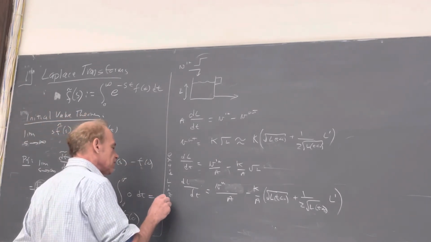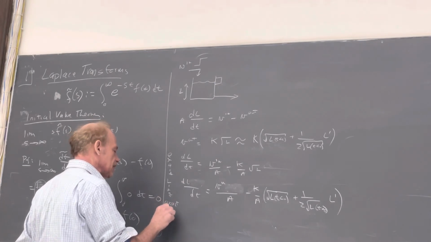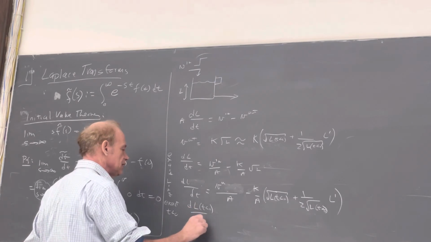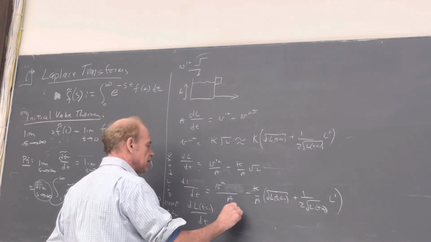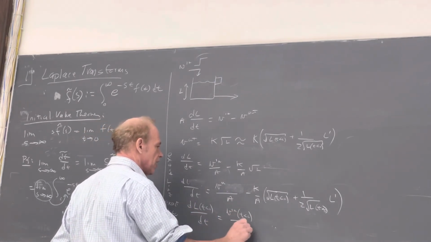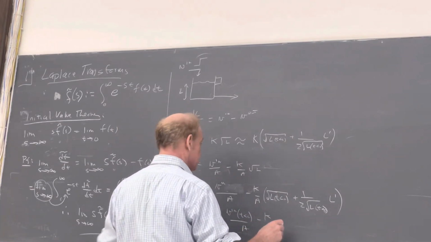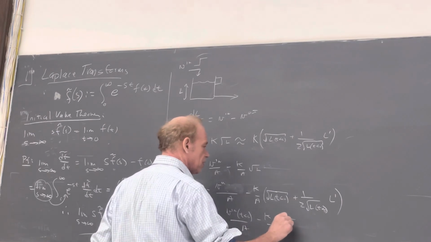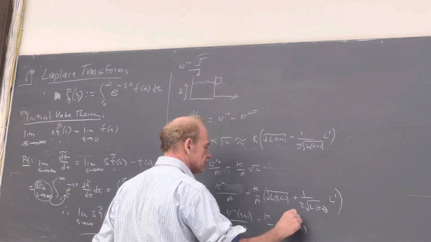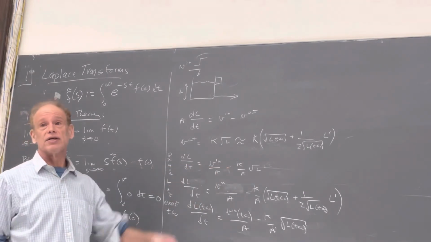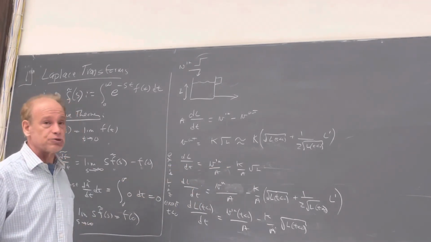Now I take the exact equation for t less than 0. That's dL/dt at t less than 0 equal to V in at t less than 0 over A, minus K over A times the square root of L at t less than 0. That's the exact one for t less than 0. I didn't have to linearize it. Now I take this and I subtract this.